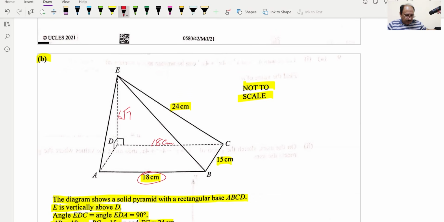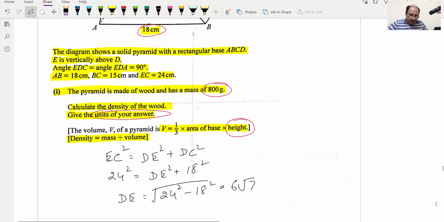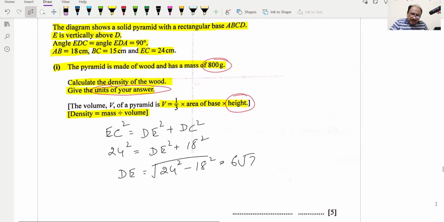This side we found. Now after finding this side, we need the perpendicular height which we found. We can use this formula, V is equal to 1 by 3 into the area of the base, which is length into width, 18 into 15, and this will be multiplied by the perpendicular height which we just found, which is this one.